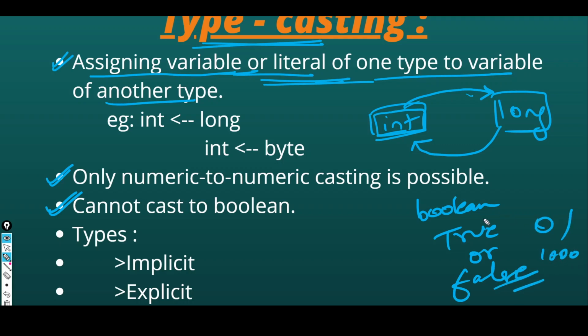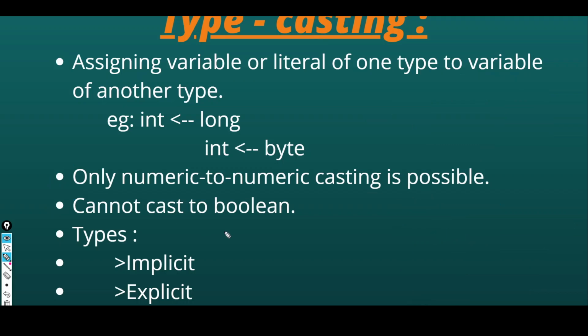That's why we cannot cast to boolean, and we'll see in the practical what happens when we assign any other value to boolean. Clear till now? As I said, there are two types of typecasting, implicit and explicit. In this video we are emphasizing the implicit one, and in our next video we'll deal with the explicit. So let's get started.